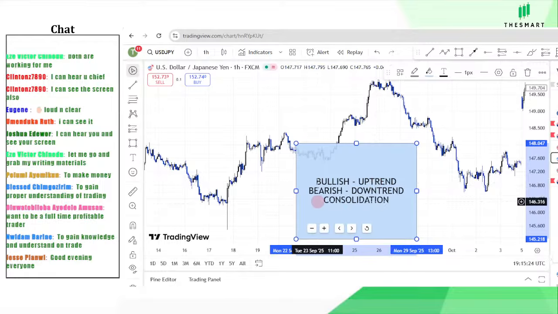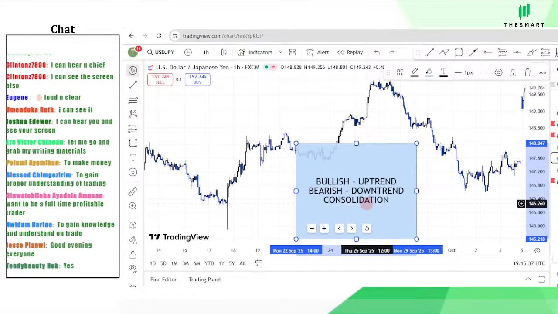We have the bearish market, also known as the downtrend. And we have the consolidation or accumulation. Those are the three phases, the three types of market structure.